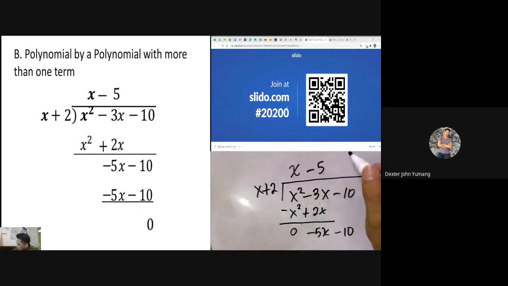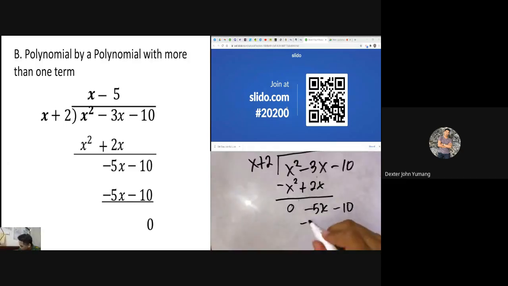Next, the negative 5 answer, we multiply it by x plus 2. So, negative 5 times x plus 2. Negative 5 times x becomes negative 5x. Why negative 5x? Because there is no number here except the invisible 1, and there is no variable there. When there is no partner, just copy. Next, negative 5 times 2, that is 10.